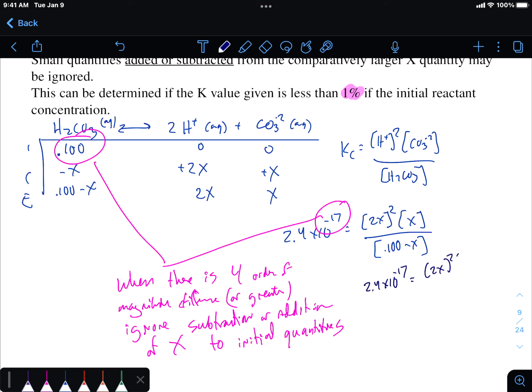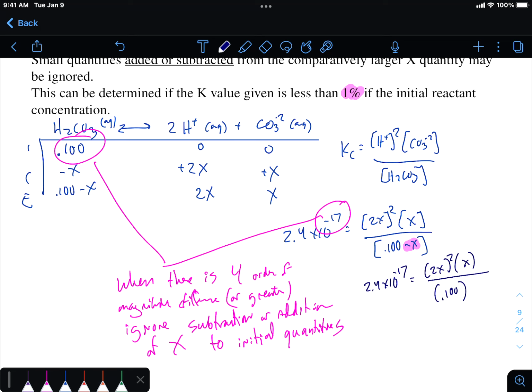The top we're going to leave alone because we're not adding or subtracting any value of x there. We are going to disregard the subtraction of x from within the quantity. And that makes this extremely simple to solve. You're bypassing a whole half of that polynomial set. So now you don't even need the solver.